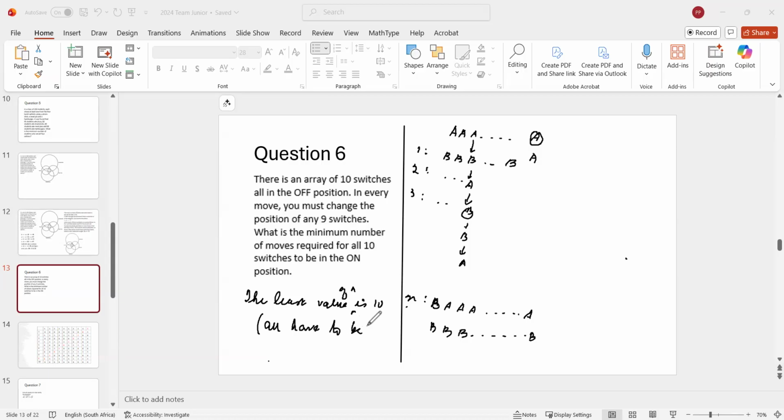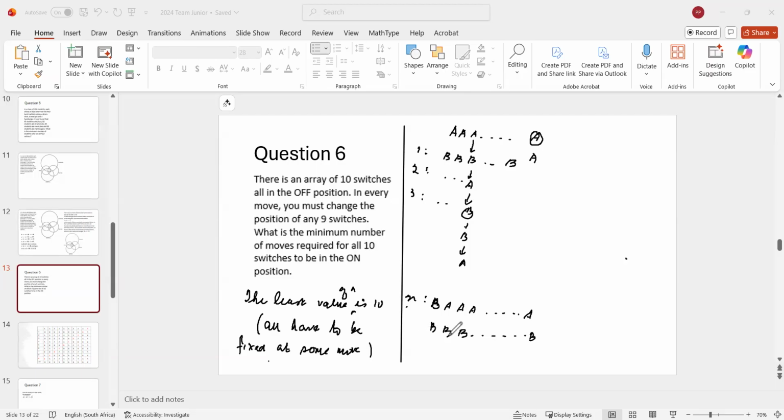All have to be fixed at some move. And there are 10 of them. So this last line here will be 10.